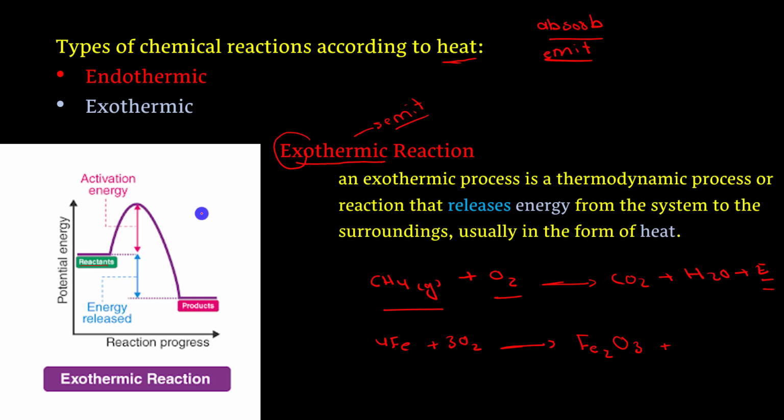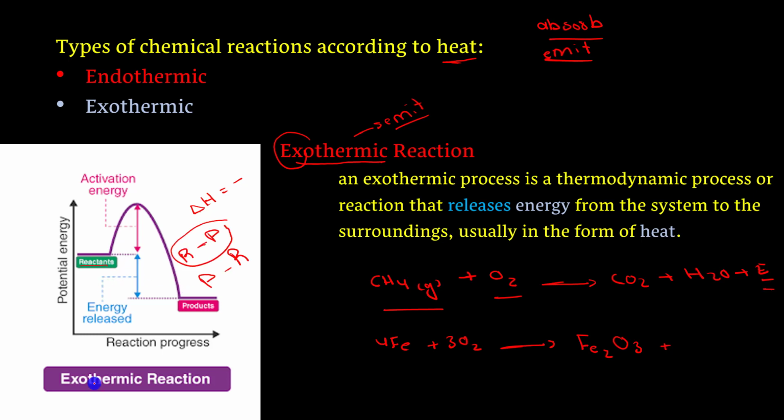And in an exothermic reaction, the enthalpy change is always negative. Why? Enthalpy change is the difference between the reactants' and the product's potential energy, right? If the reactants have more energy than the product, the enthalpy change is the difference between these two.